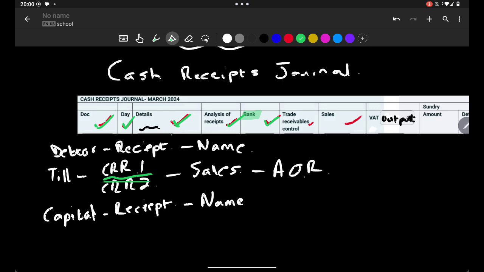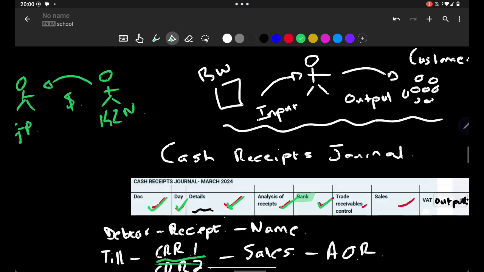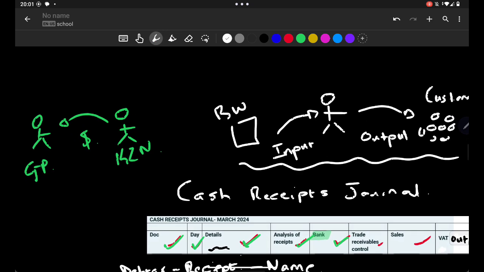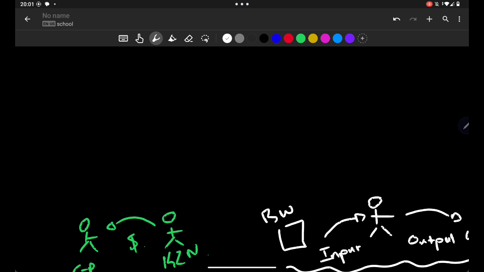And for me, when I was trying to understand how the ledgers work, what is debit, what is credit, I would use the bank account, right?